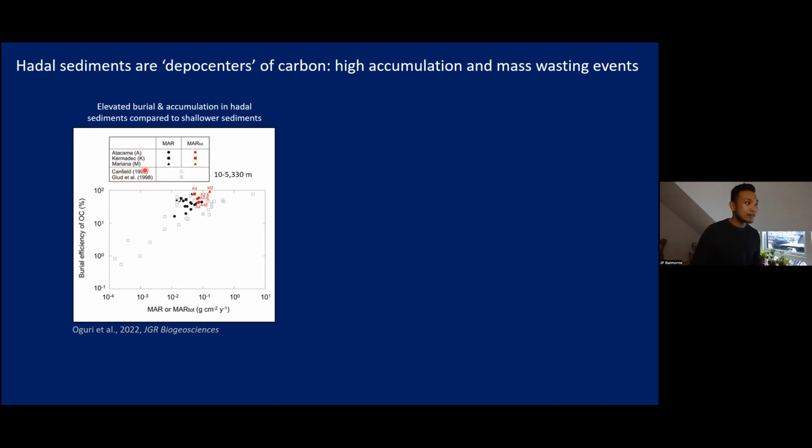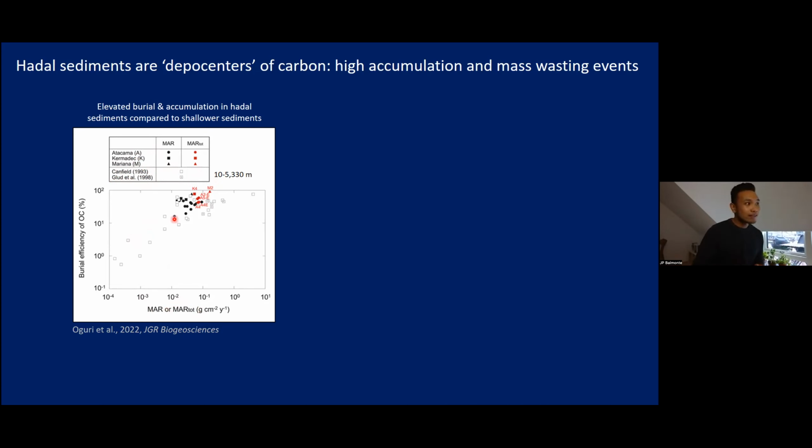These data that they've previously published come from 10 to 5,330 meters. So it has the percent burial efficiency of organic carbon, as well as the mass accumulation rate, or how quickly carbon can accumulate in sediments.